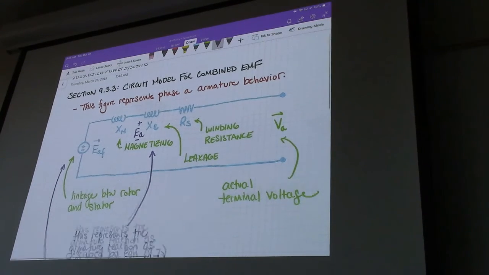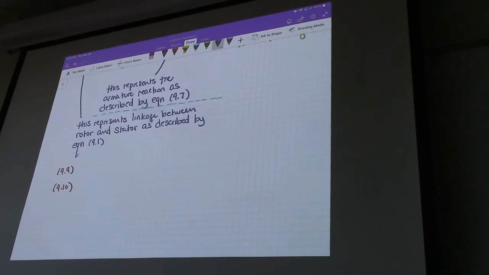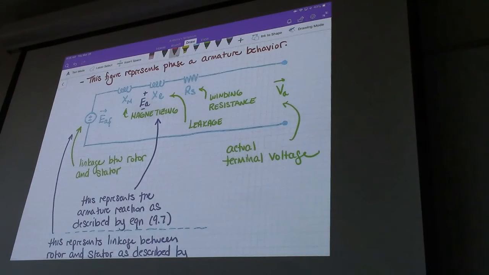So the internal voltage, you could write yourself very easily. Again, hopefully you're all very good at KVL by now. EA is equal to EAF minus jXM IA. The voltage drop across XM relates EA to EAF.